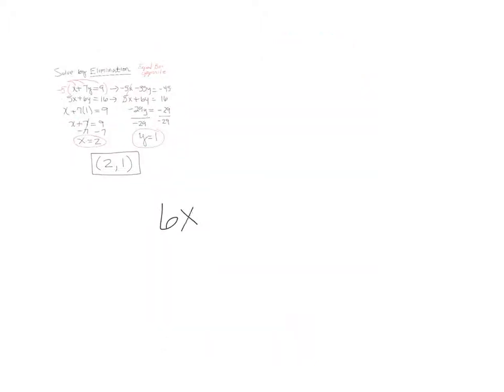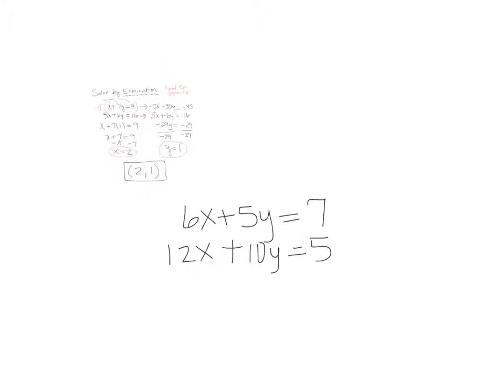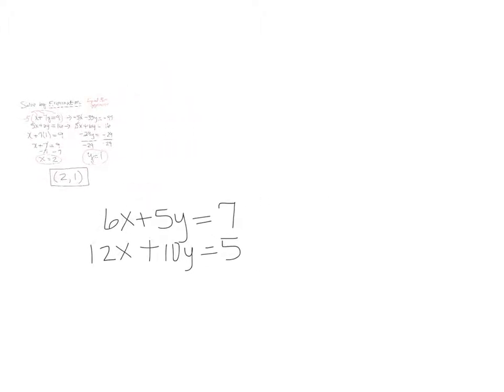Here, what if I had 6x plus 5y equals 7, and 12x plus 10y equals 5. Well, I know that it's probably fairly simple to get equal and opposite here, because I've got a 6, I've got a 12, I've got a 5, I've got a 10.